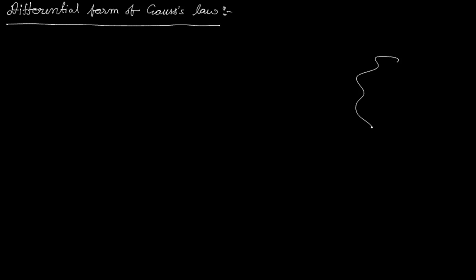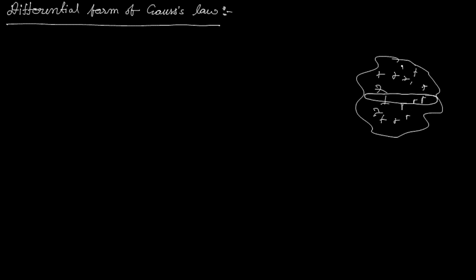For that, again consider any closed surface. This is an arbitrary closed surface, and let's say we have some kind of charge distribution here. We also know how to write a point charge as a continuous charge distribution. So in general, some arbitrary continuous charge distribution is there with an associated charge density, let's say rho.